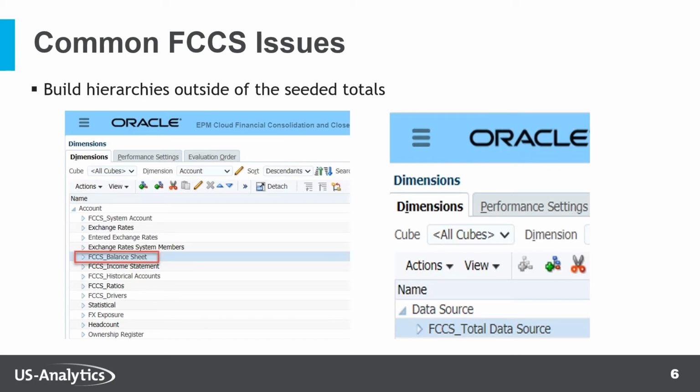So instead of using the FCCS_Balance_Sheet, in this case, they built a sibling to it and built out a client's GL structure outside of the FCCS balance sheet.